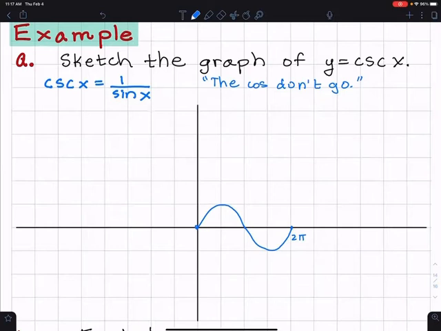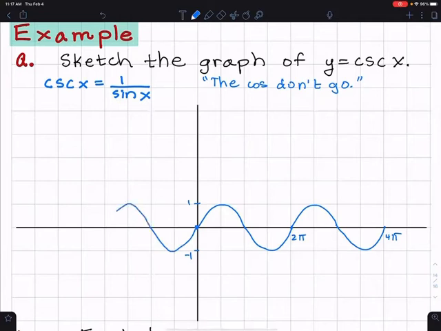Pi is around 3, so 2 times 3 is 6, and that's not what I showed here, but let's stick with that anyway. And so here we have 1 and negative 1. So this is y equals sine x. All right.